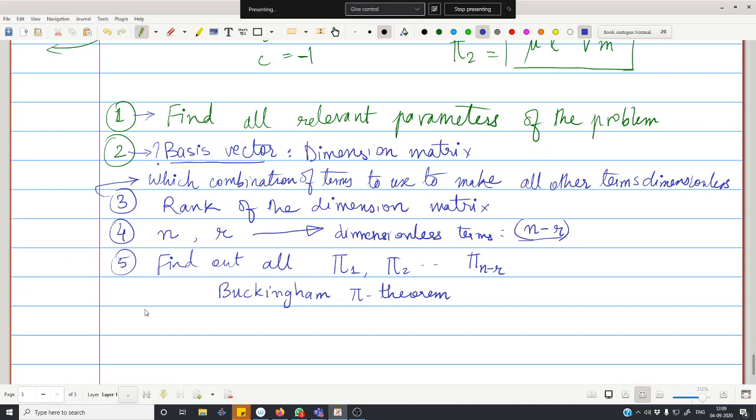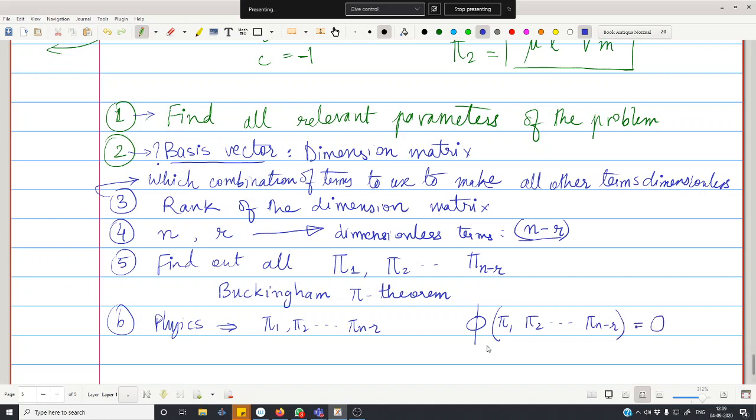Okay, so this is called the Buckingham pi theorem. We have to find out all the terms, and the sixth step will be to say that the physics of the problem depends in some way on pi 1, pi 2, up to pi n minus r. So there must be some relationship between them, and that can be written as this.